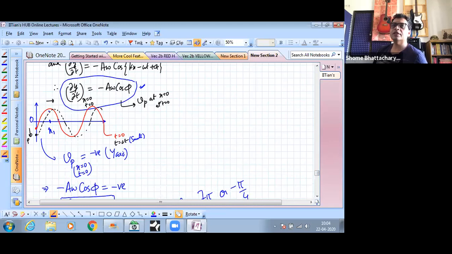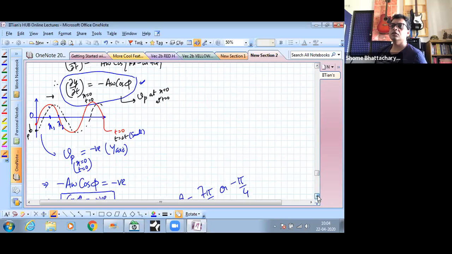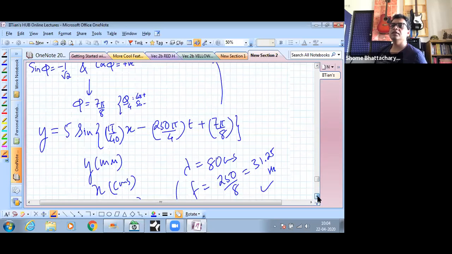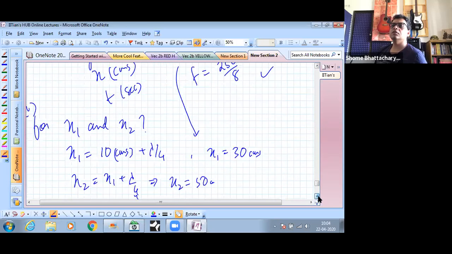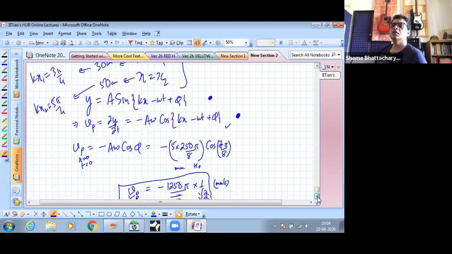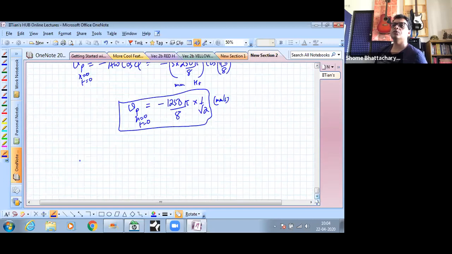Whereas this point was x2, and this is at the mean position at t equal to 0. So particle velocity at that time is how much? It's maximum. So it's a omega, and the direction is upwards. So when you substitute all this, you should be getting the answers as respectively 0 and plus a omega.